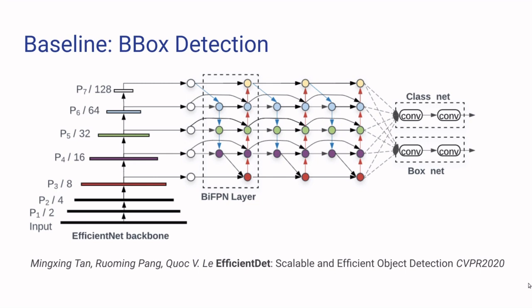I started with bounding box object detection as the baseline, since there are so many object detection frameworks out there. I have tried different frameworks, starting from Faster R-CNN, Cascade R-CNN, and also single-stage object detection frameworks like RetinaNet and EfficientDet.